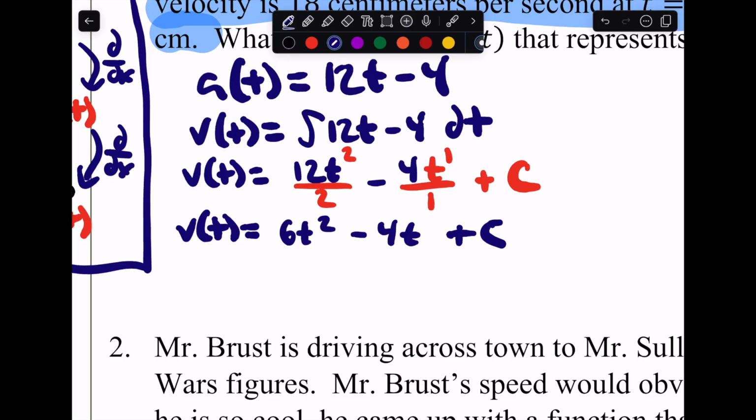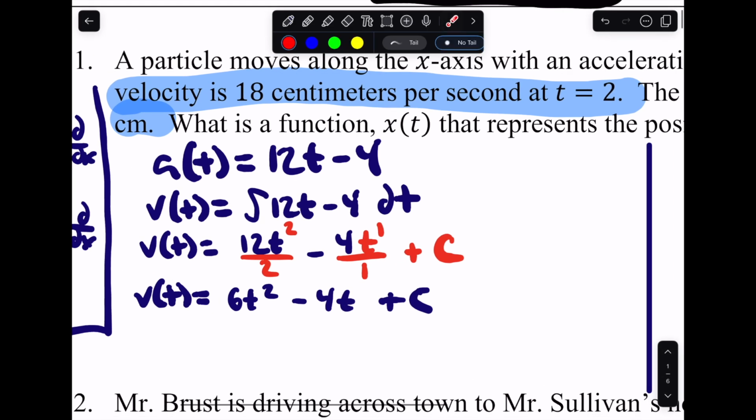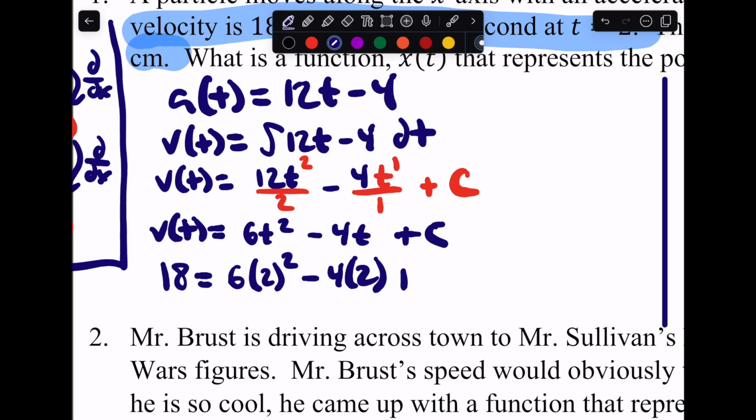function. If we plug in our t equals 2, again, using that initial condition that we've got right here, that when t equals 2, the velocity is 18, I can set this equal to my velocity, which is 18, and that's going to be equal to 6 times 2 squared minus 4 times 2 plus whatever the c value is for this. And so we get 18 is equal to, what's that?